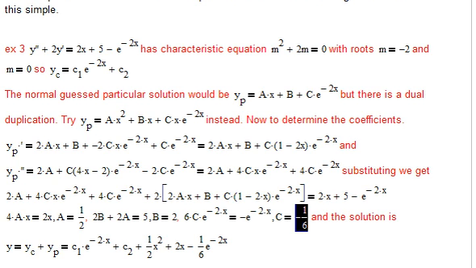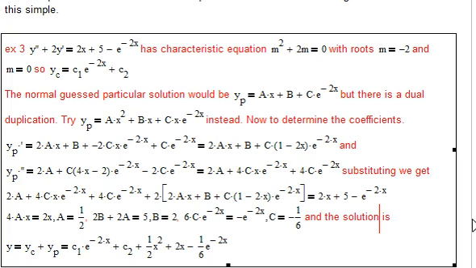And if you're wondering what happened to the terms with x times e to the negative 2x in them, well, here 4c x e to the negative 2x, and this 2 times negative 2 e to the negative 2x, they just canceled out, so they disappeared.